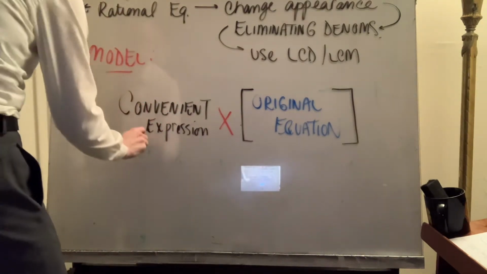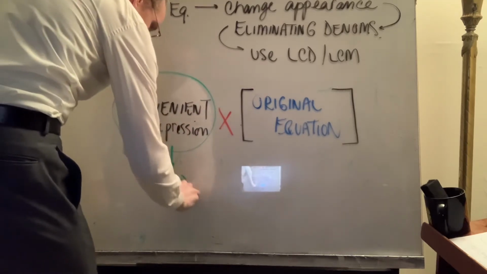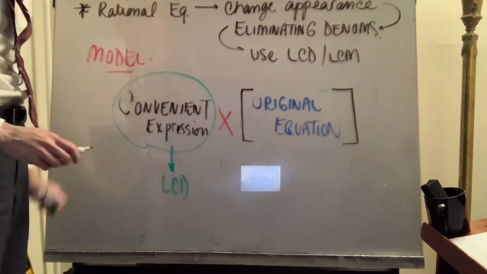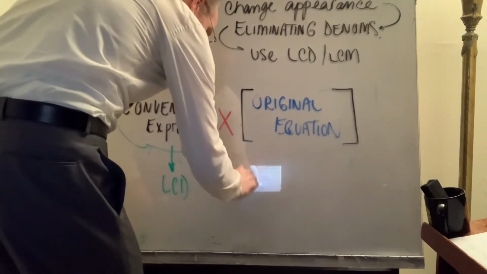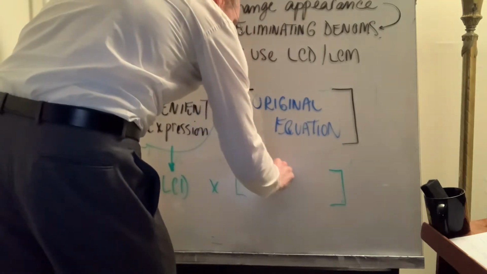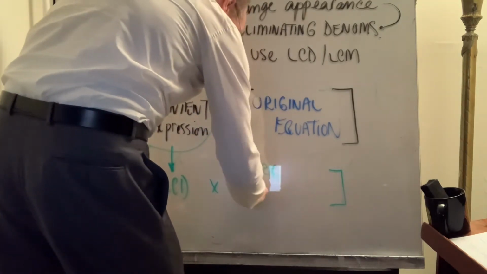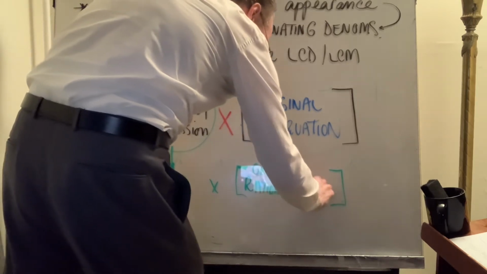This convenient expression is going to be an LCD for rational type problems. So to tweak this a little bit, the original equation in this case is going to be an original rational equation, slightly more specific.